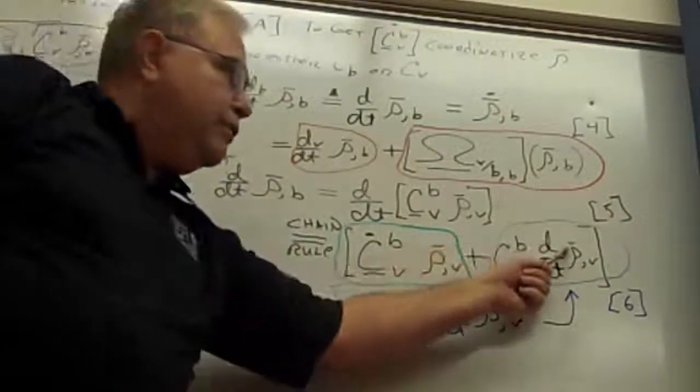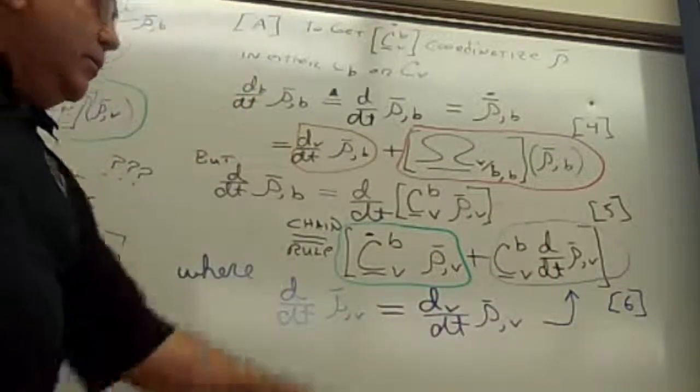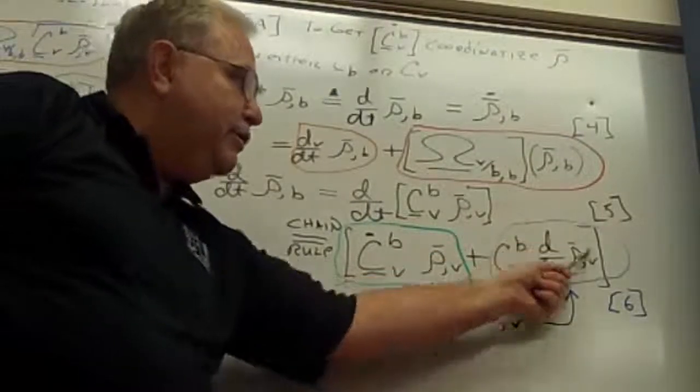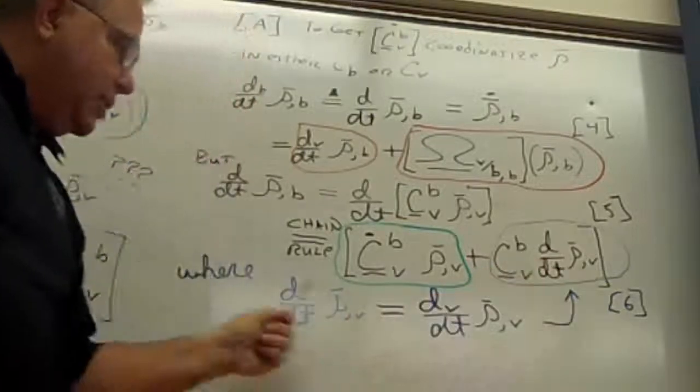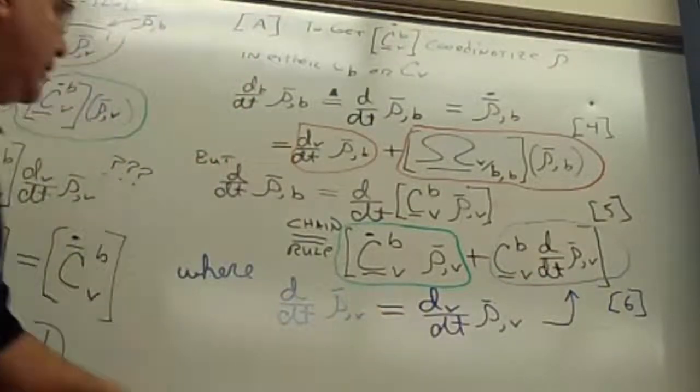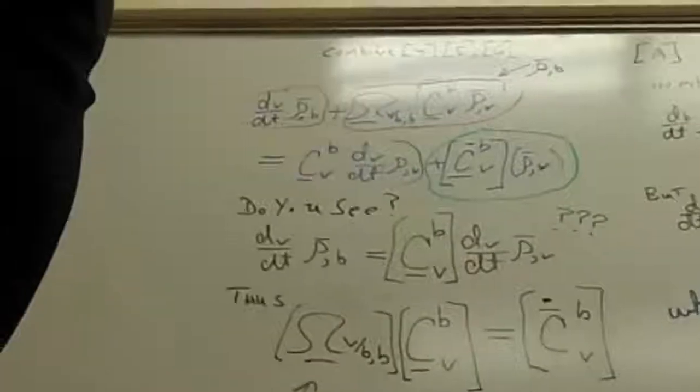It leaves a pure derivative over here, but I said, oh, well, I know the pure derivative is the same as the derivative with respect to that V frame. So I put the V frame back in. Then I come back and look at the substitution over here at the end.